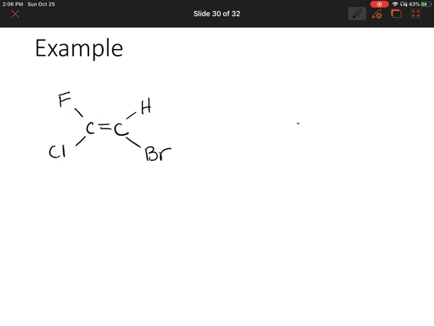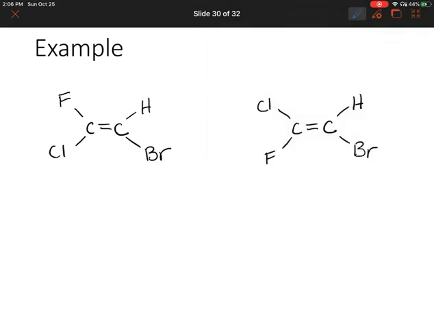All right, and then on our other molecule, we're going to flip chlorine and fluorine, but hydrogen and bromine will stay where they are. So both of these molecules look pretty similar, except chlorine and fluorine are flipped. On the left, fluorine is above the double bond, but on the right, fluorine is below the double bond.